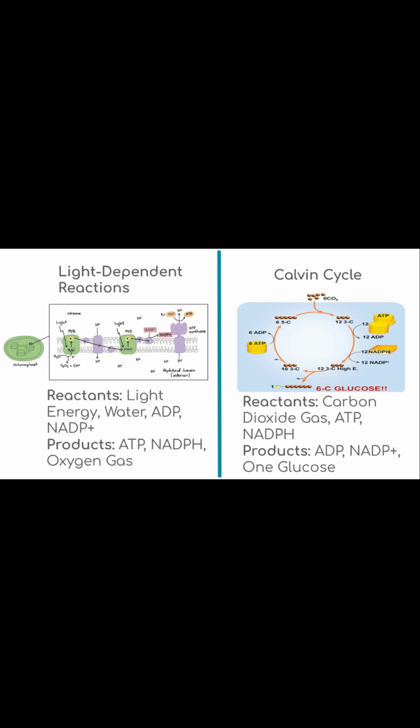So the products of the light-dependent reactions come over to the Calvin cycle to be used as reactants, and the products of that are ADP and NADP+ and 1 glucose molecule. And that ADP and NADP+ go back to the light-dependent reactions to be reused like a battery.